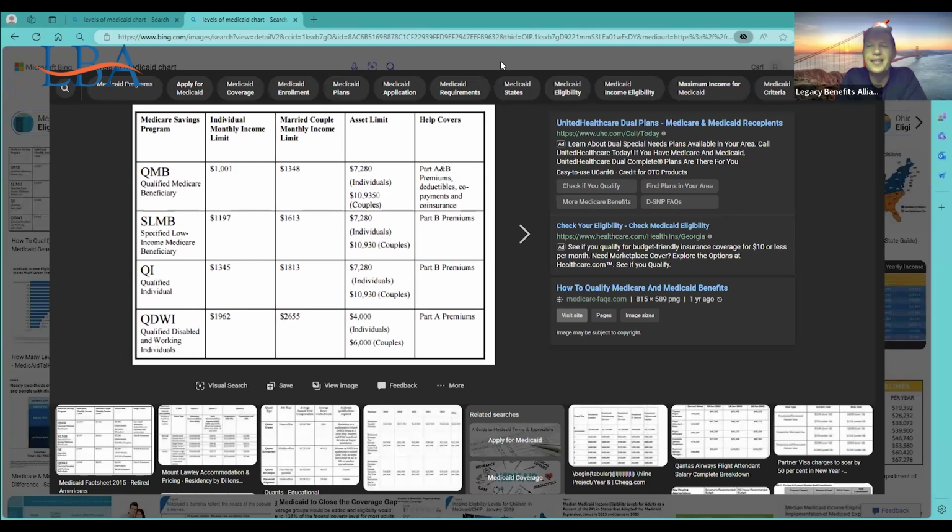That person is not eligible for QI1 because of about $9,000 that they have in the bank, right? Now, a lot of us are financial advisors, right?